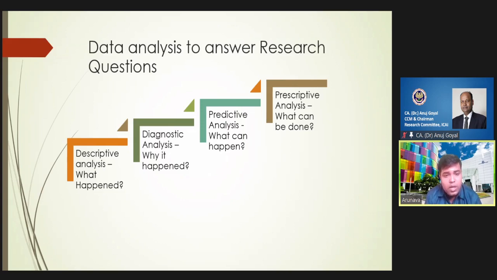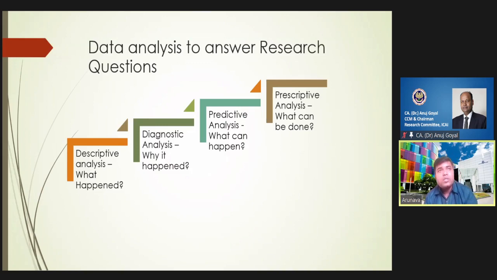In health terms, descriptive analysis is like a patient visiting a doctor and the vital stats being taken. Vital stats tell what the real problem is, and then a diagnosis starts, which tries to answer why this has happened. Then comes the prediction: what has happened and what further can happen, the future status. These answers can only come when we have data.